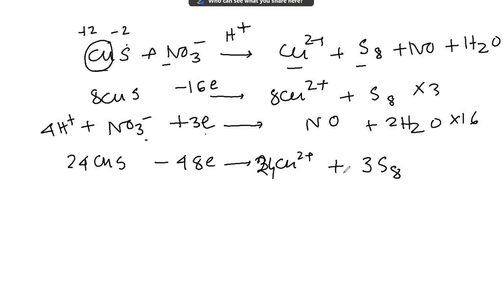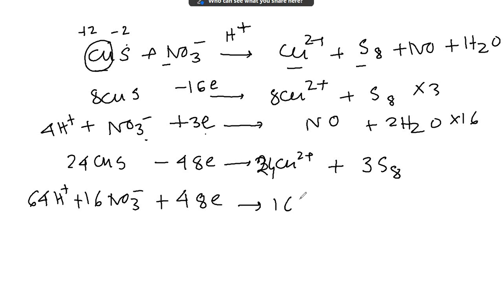All the atoms are balanced with charge also, because in this case charge is 48, in this case no charge, so 48 electrons to be lost, and in this case multiplying by 16 you get 64 H plus, 16 NO3 minus, plus 48 electrons gives you 16 NO plus 32 water.